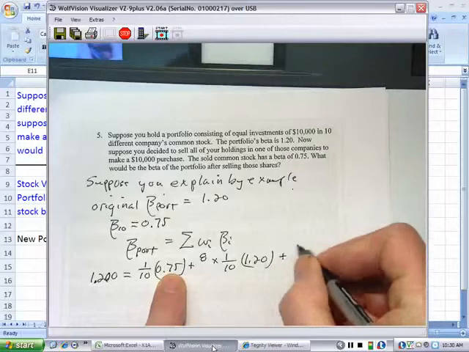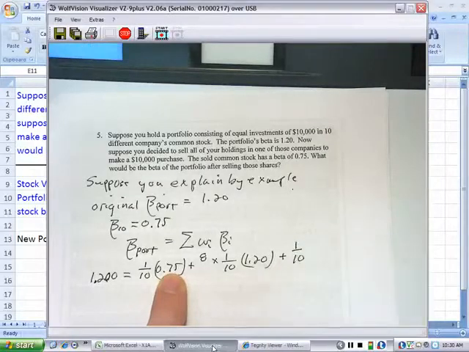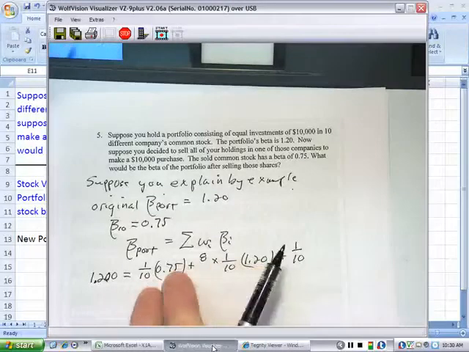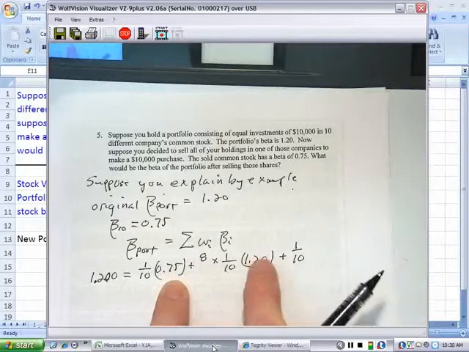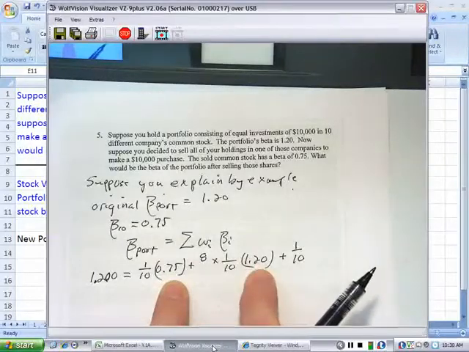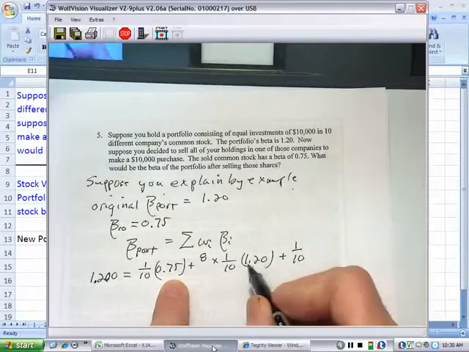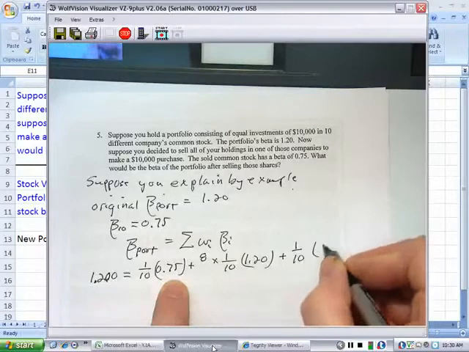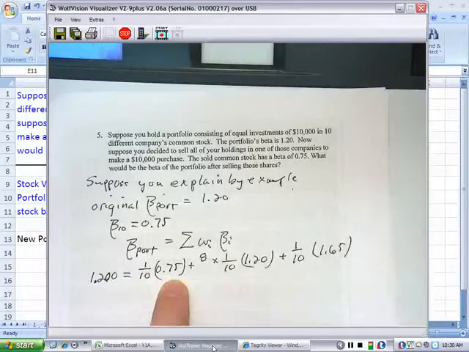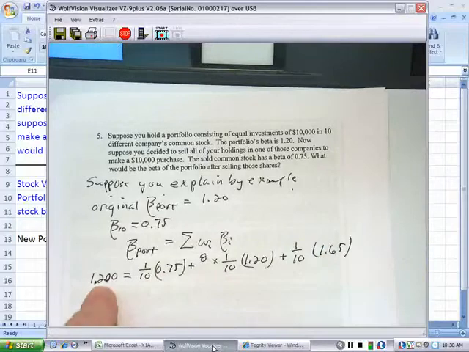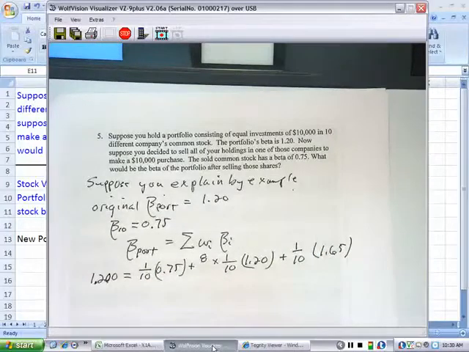The 10th item has a weight of 1/10, but it's got to be able to counter this one right here. So you'll notice that the 0.75 is, compared to the 1.20, smaller by 0.45. So suppose we put something in there that was bigger than 1.20 by 0.45, in other words, a 1.65 value, then what we would see is that this one will counter this and give us our overall beta of the portfolio.